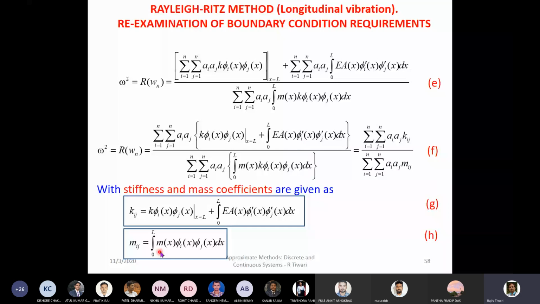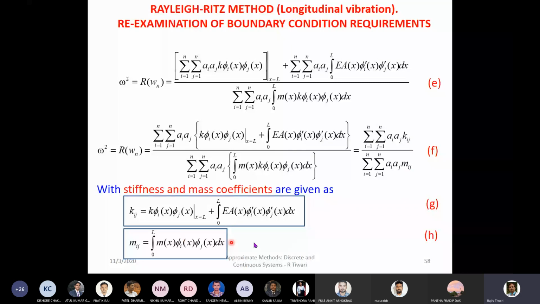So we have seen earlier the potential energy expressions generally we write in this particular form, and the kinetic energy we write in this particular form. So this Kij and Mij are the stiffness and mass coefficients.